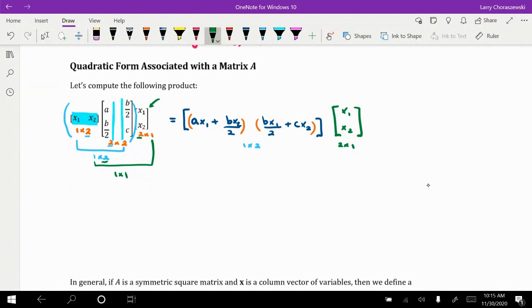So the first entry of our 1 by 2 is going to get multiplied to the x sub 1, and the second entry of our 1 by 2 is going to get multiplied to the x sub 2. So let me write it out this way. I'm going to write x sub 1 times the quantity ax sub 1 plus bx sub 2 over 2, plus x sub 2 times the quantity bx sub 1 over 2 plus cx sub 2.